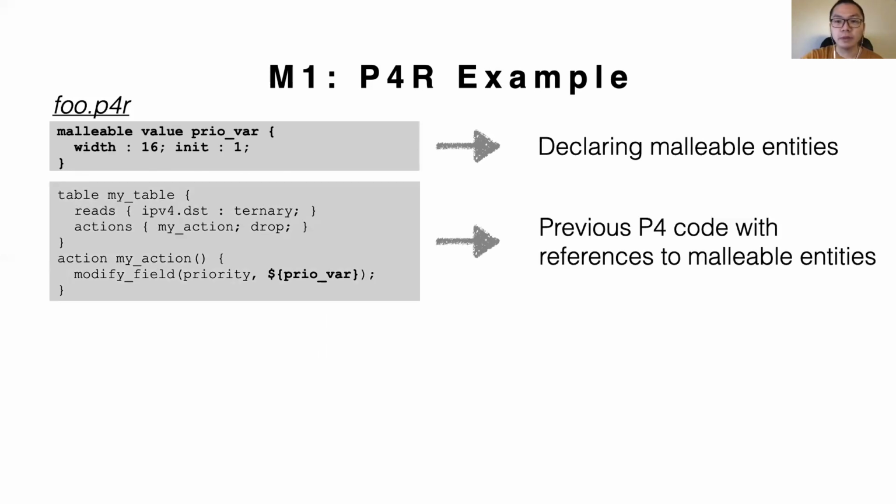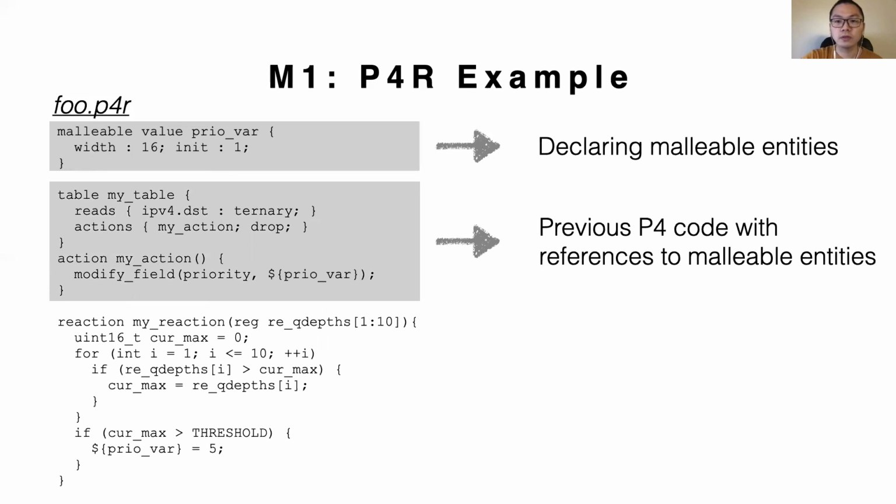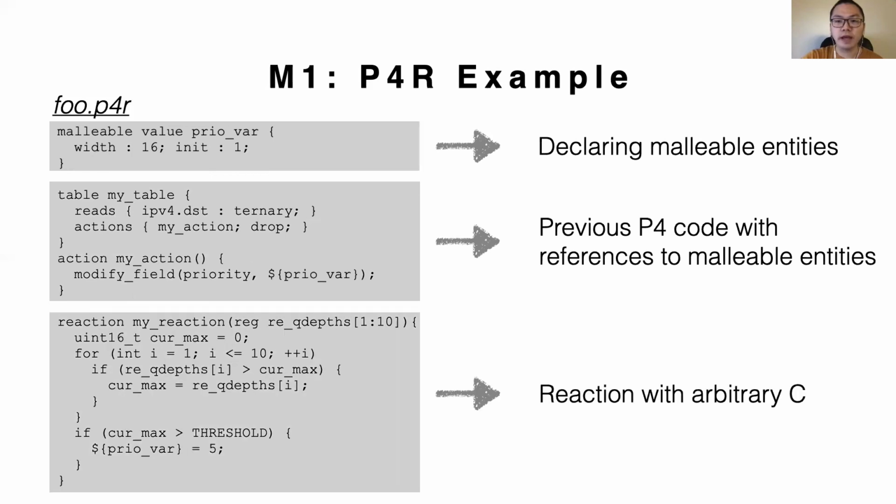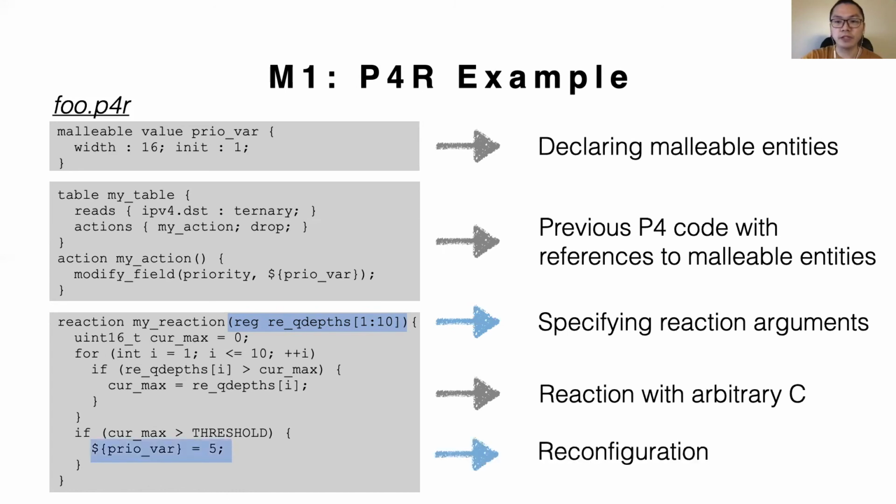Next, we replace the constant value with a reference to the defined malleable value. Finally, we define the reaction function that specifies the data plane metrics to pull, the arbitrary C code to compute the control logic on a general purpose CPU, and the reconfiguration of the malleable entities with a simple syntax.